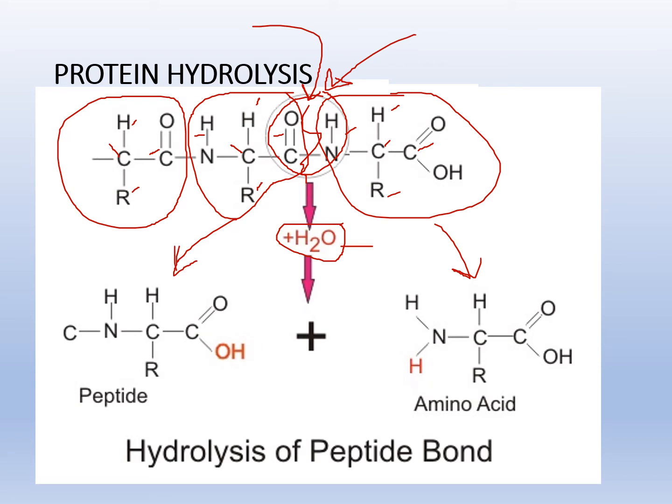Again, what do we use during protein hydrolysis? Number one, water, H2O. We may also use some chemicals such as acid, base, as well as heat.